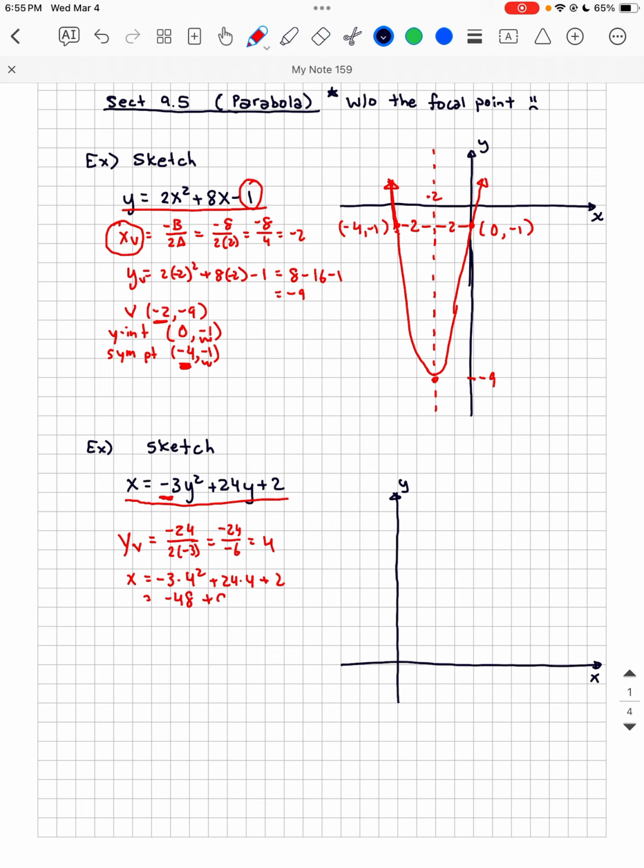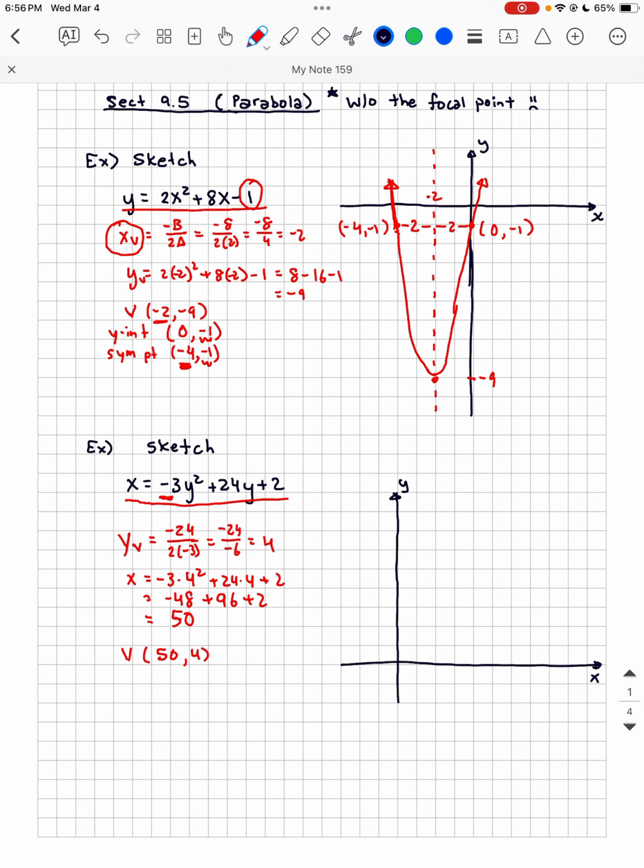And then we have the plus 96, and then plus 2. Looks like it's going to be positive. It's going to be 50, because it's 48 and then plus 2. Okay, so there you go. That means our vertex is going to be 50, comma 4, because remember, it's x comma y, not y comma x.